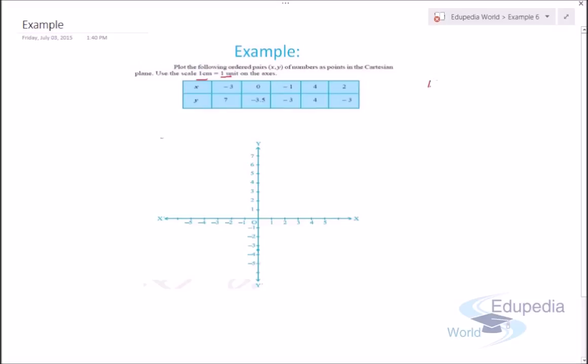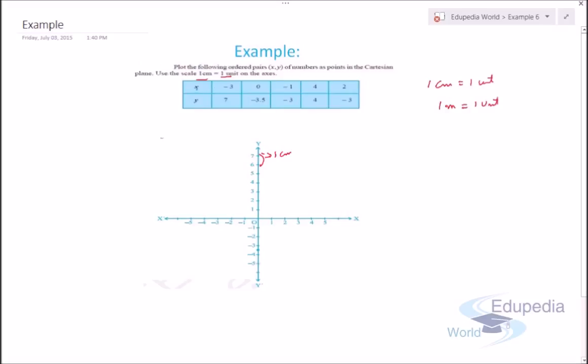Suppose here it is given 1 centimeter as 1 unit. So, this means this one complete unit, like 6 to 7, represents 1 centimeter. So if it was given 1 meter equals 1 unit, this means this complete unit will be 1 meter.